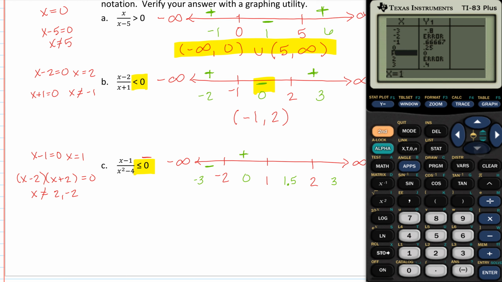1.5, if I notice, 1.5 isn't given, so I'm going to change my table set. So second table set, I'm going to change that to a 0.5 interval so that I can see those values. And now I'm going to look for 1.5. There it is. Okay, it's negative.